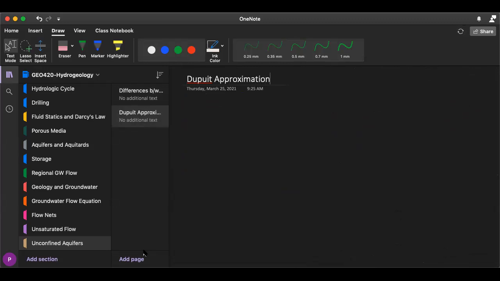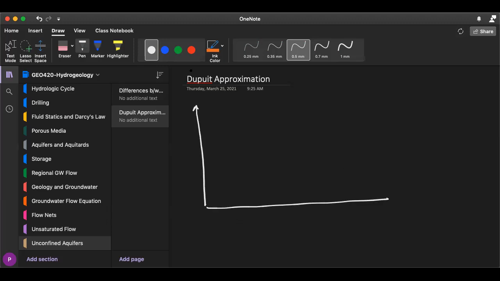This one is big enough to get its own figure. And the basic idea is this. In that last figure, I'd drawn this unconfined aquifer with a water table, and I'd given this water table a pretty big slope in the vertical direction. But in reality, the earth is really, really flat, and unconfined aquifers are very flat. And so the Dupuit approximation says this.